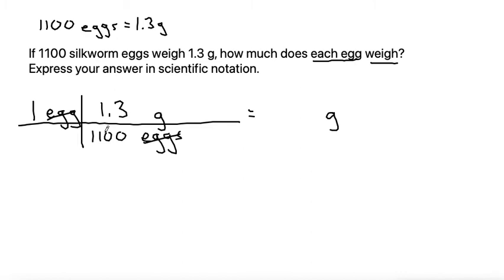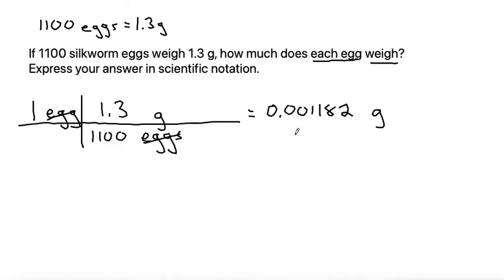So we take 1, multiply it by 1.3, divide it by 1,100, and I get that to be 0.001182 grams. So this is the basic answer to our question. We just need to round and put it into scientific notation.